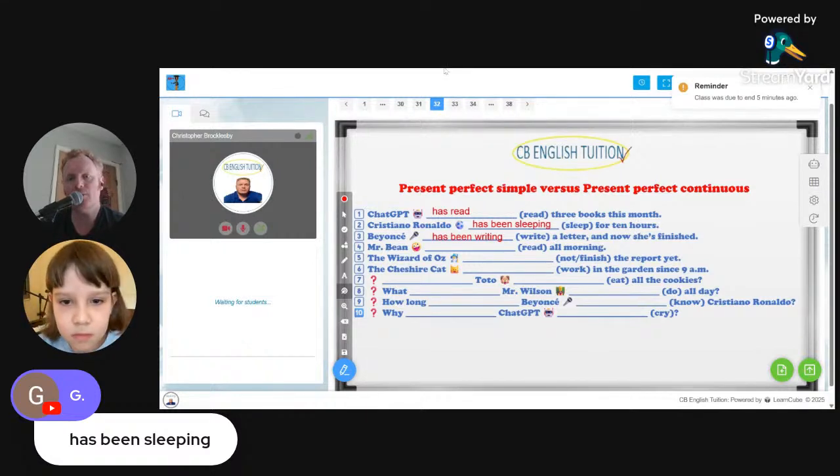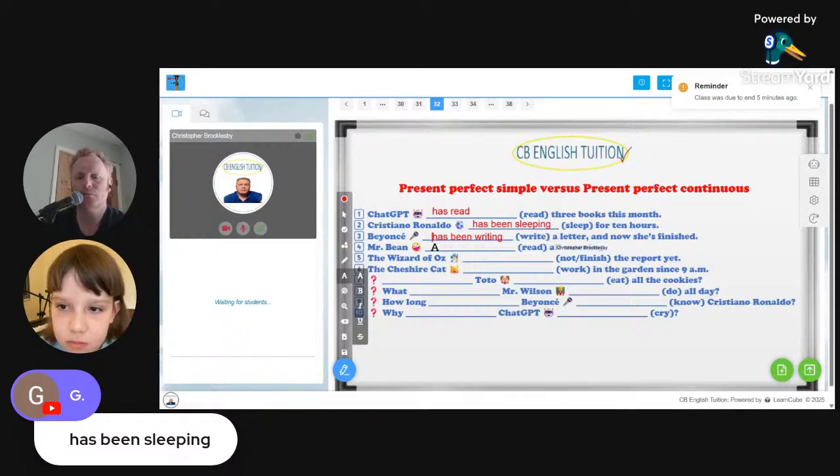Okay, number 4. Mr. Bean, what has Mr. Bean done or what has he been doing? Answers in the comments. "Has been reading all morning." Okay, correct. Which one did you use, continuous or simple?